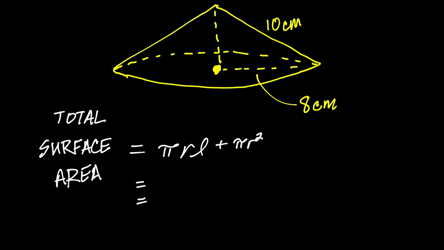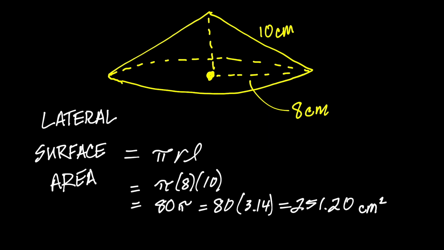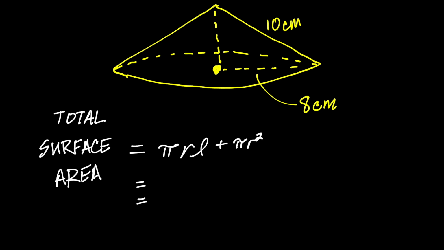In order to figure out the total surface area, notice here we have total surface area. Before we just had lateral surface area. So total surface area means it's the lateral surface area plus the area of the base. So now my ice cream cone has a top on it. Same sort of entries again.